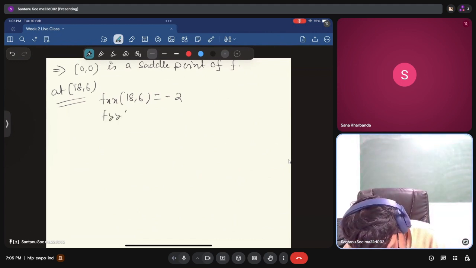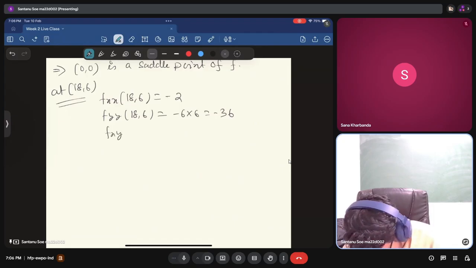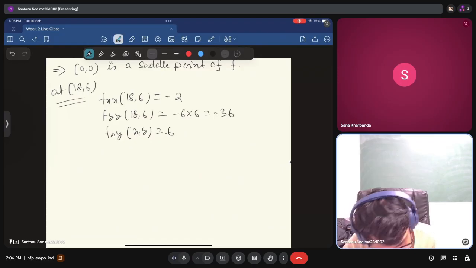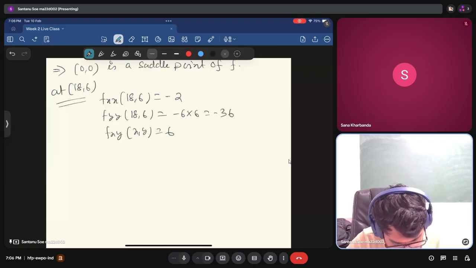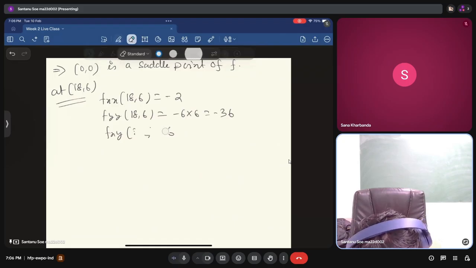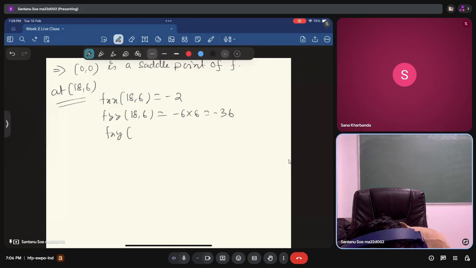And fyy(18, 6) will be minus 6 times 6, which is minus 36. And fxy(x, y) was 6 for every x and y, so fxy at (18, 6) will still be 6.